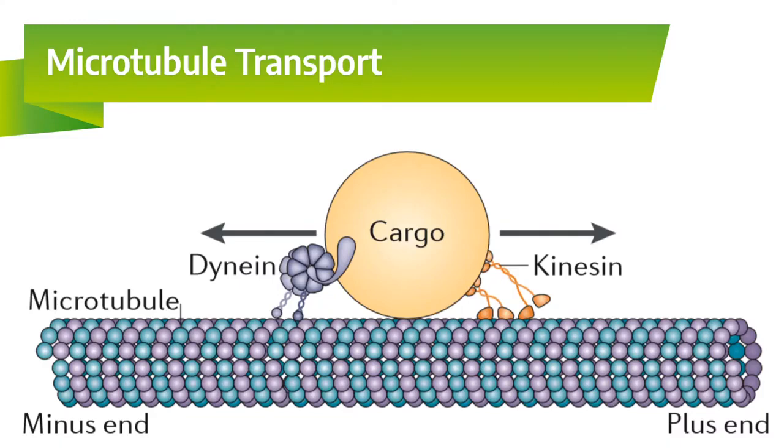So the kinesin only transfers things away from the nucleus, and there's another protein called dynein, which is a little bit of a different movement process, but it moves things in the different direction, right?